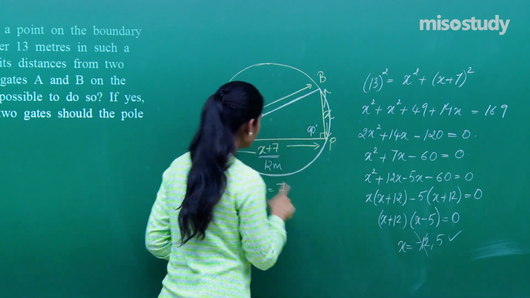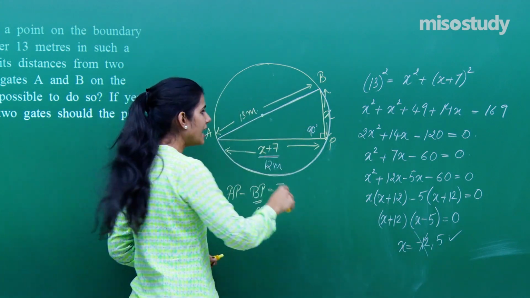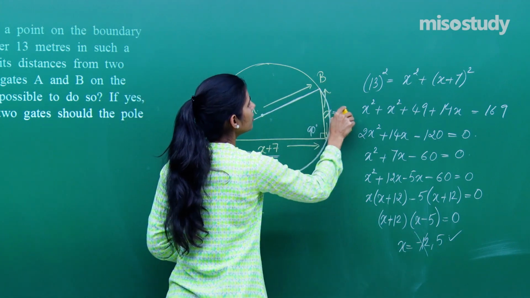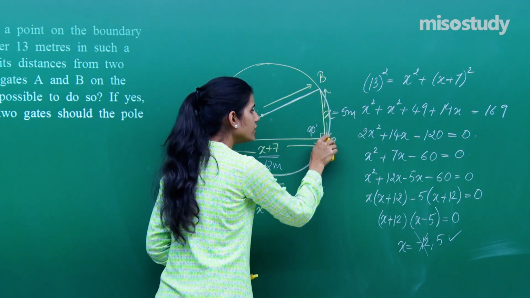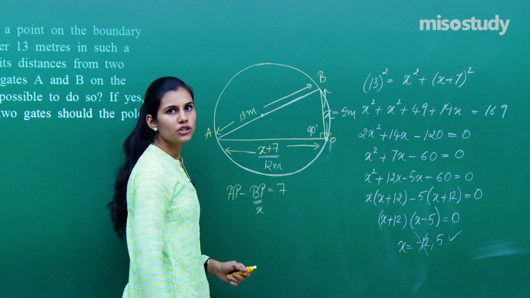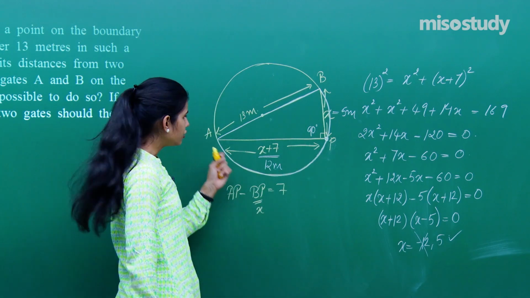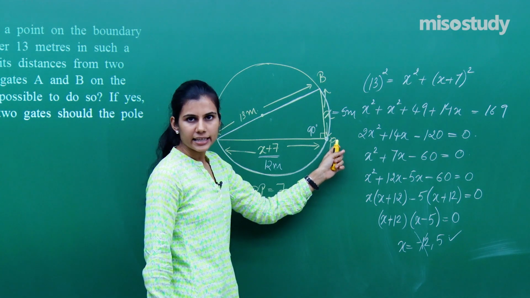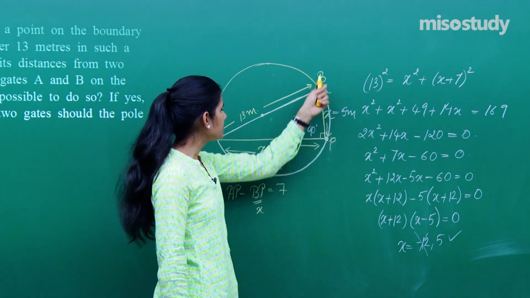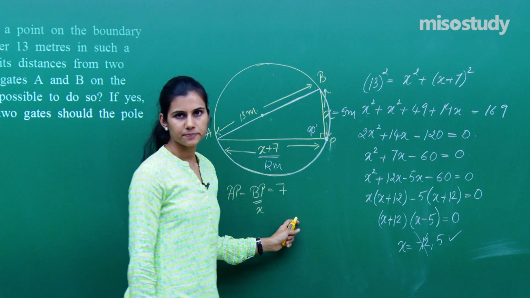Because x is 5, 5 plus 7 is 12, and you should place the pole 5 meters away from the second gate, that is B. Then the pole is going to sit on the circular region's boundary. It should be 12 meters away from the first gate and 5 meters away from the second gate. In that situation, PA minus PB will be 12 minus 5, that is 7.